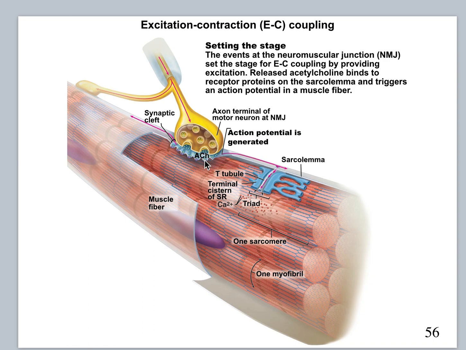The sodium comes in these channels, depolarizes the membrane next to it, and opens up other voltage-gated sodium channels, and they propagate down the sarcolemma till they reach a T-tubule. Then that wave of depolarization not only continues down the muscle, it also goes down in the T-tubule and deep inside the muscle. That's why the T-tubules are connected to the sarcolemma on the outside, and they bring the action potential down into the cell.